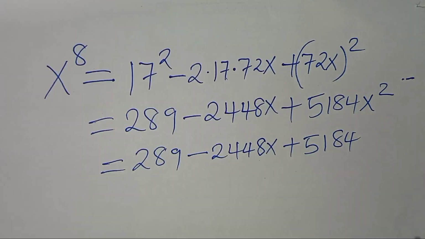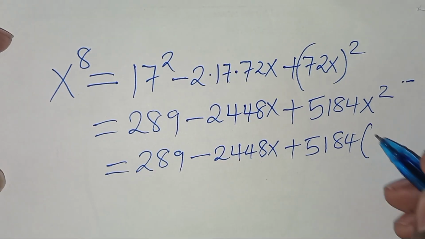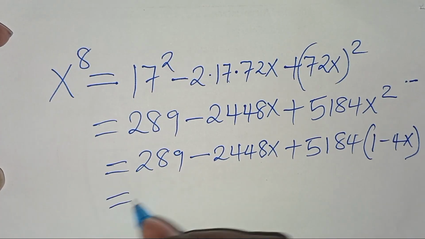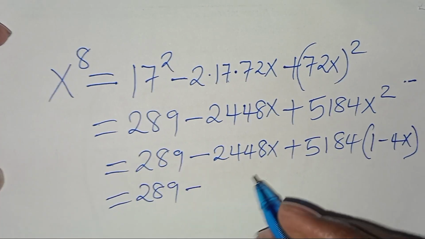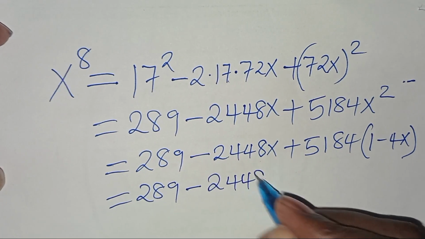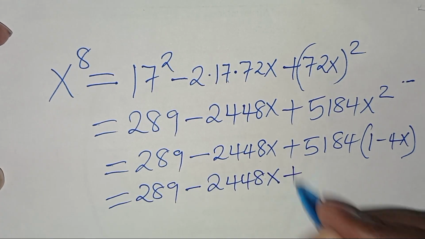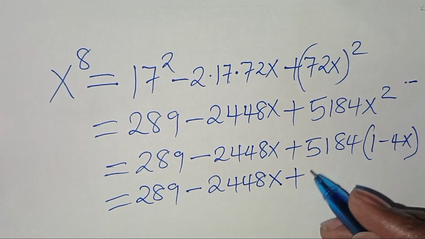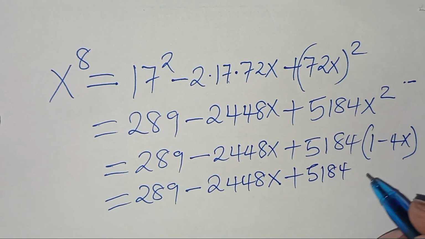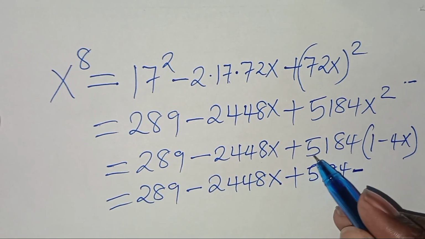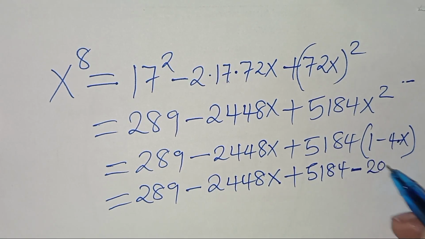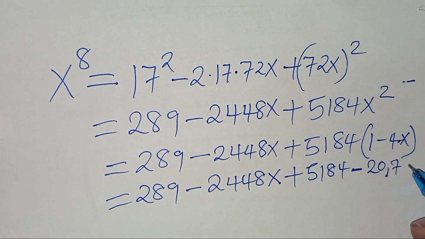So let's substitute this. So this is equal to 289 subtract 2448x plus 5184 times 1, which is 5184, subtract 5184 times 4x, and this is basically equal to 20,736x.